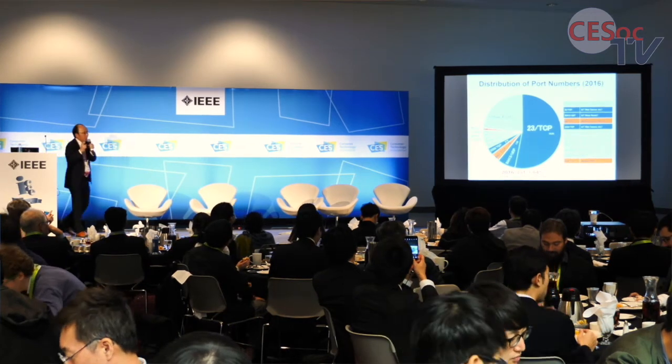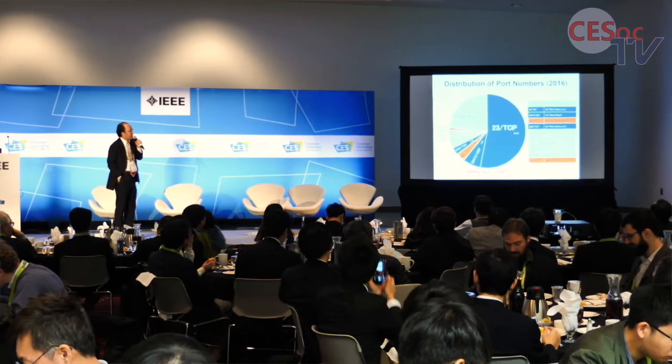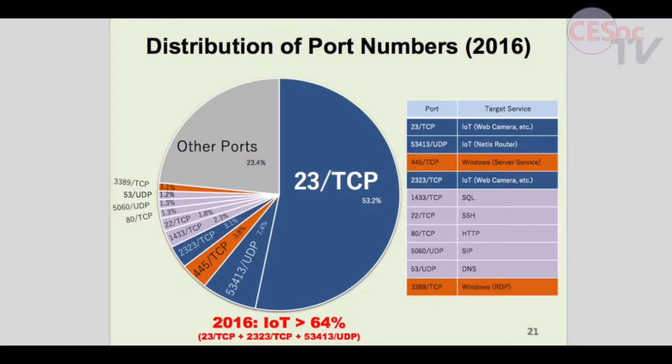So this is very important statistical data observed in the darknet. In 2016, more than 64 percent, correctly speaking, of scans are targeted to port 23. It's very surprising. Port 23 is Telnet.